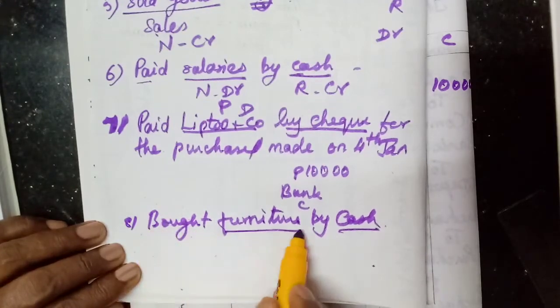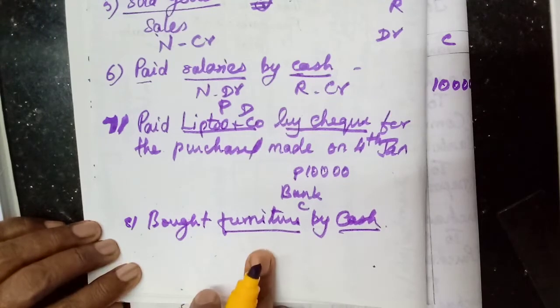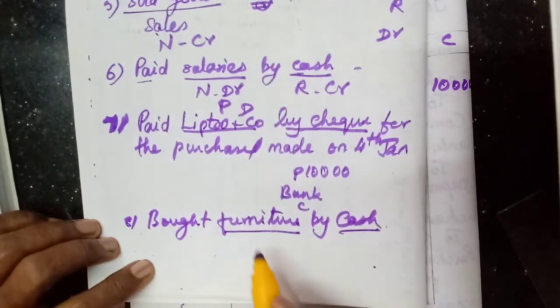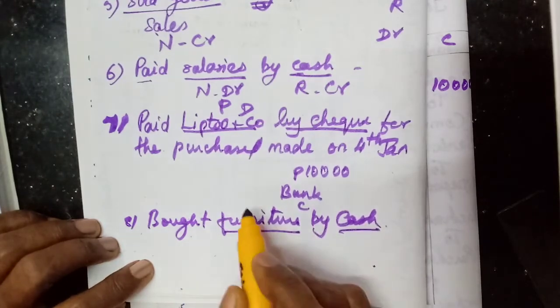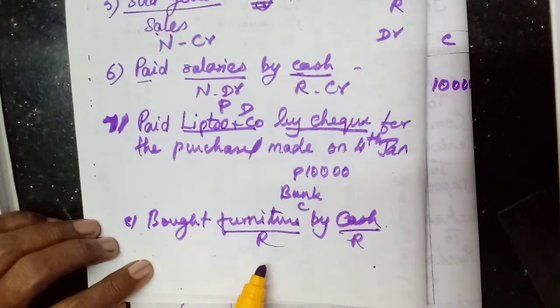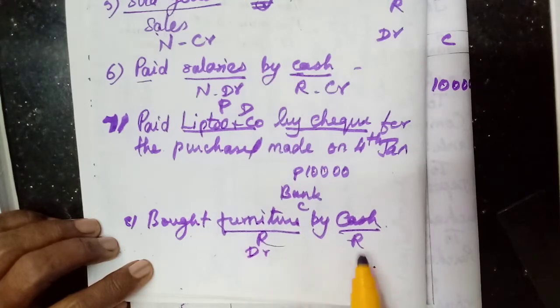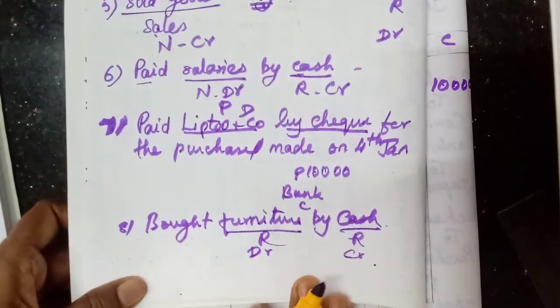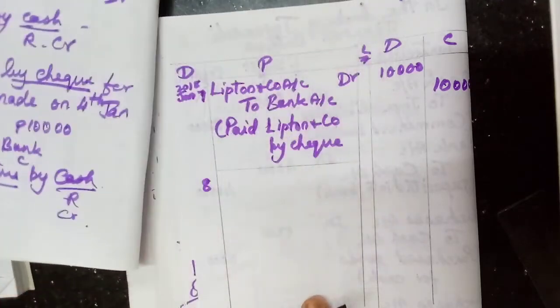Bought furniture means furniture. It is an asset, I told you. It is capital nature. So furniture asset account. So one is furniture, another one cash. Both real account. So what is the rule? Debit what comes in, credit what goes out. Furniture is coming in, so debit. Cash is going out, so credit. Easy one, isn't it? Both the same account, it is very easy for you.